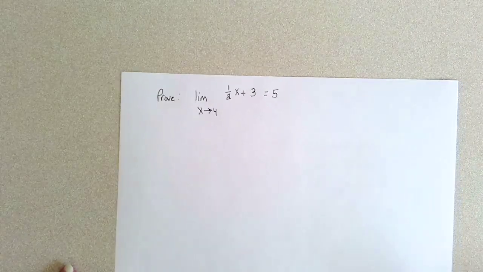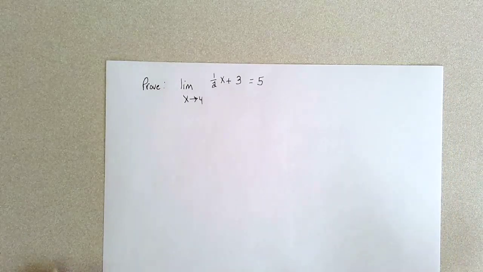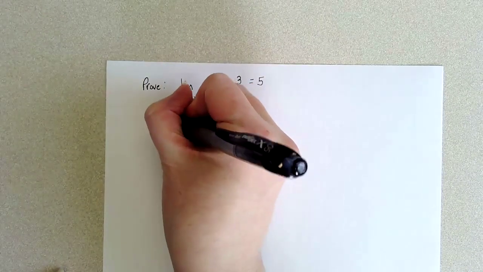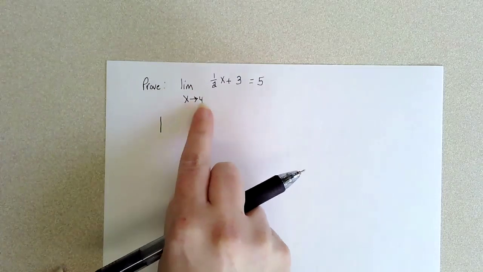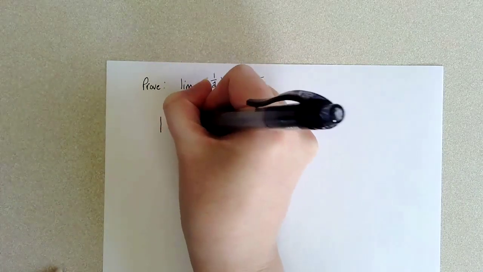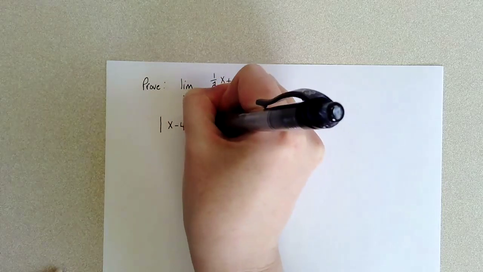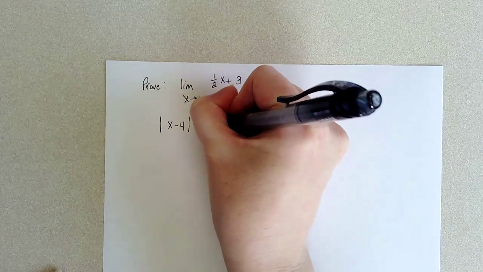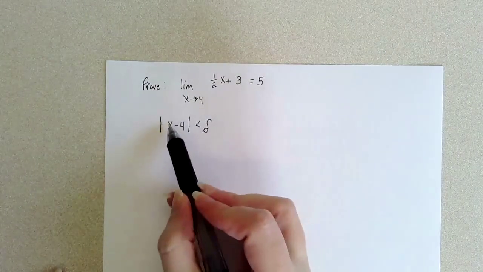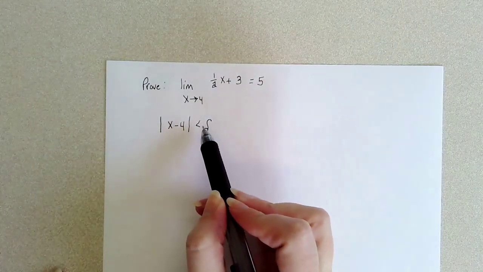So I'm going to go ahead and set up the two parts that you want to start with for your proof. What we need is the absolute value of x minus whatever we're approaching is less than delta. So this is saying that we are some small distance away from our x value.